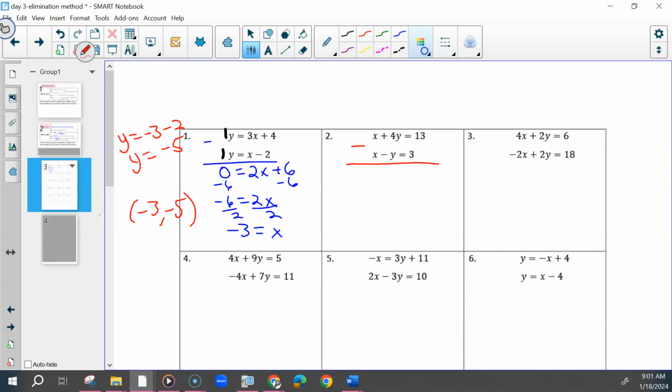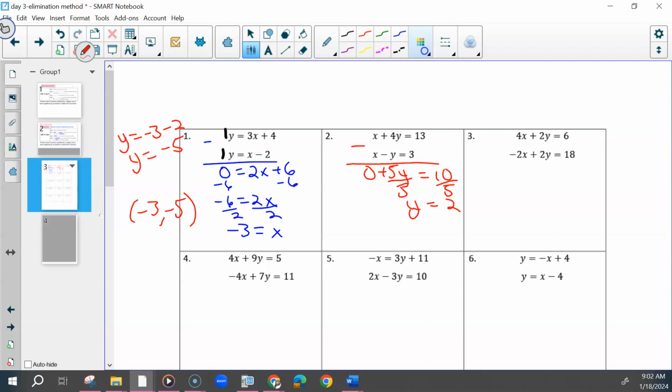So subtract the equations. X minus x gives us 0. 4y, again, be careful with your negatives. Minus a negative becomes a plus 5y. 13 minus 3 is 10. And then from here, we can just divide. And then once you have one variable, go ahead and put it back into one of the equations, doesn't matter which one.